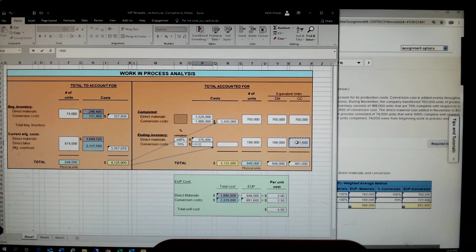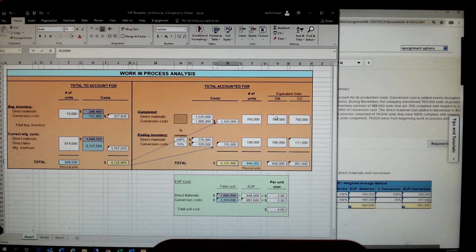So 131,600 times $2.50 is 329. So the total cost of the 188,000 units in ending inventory is 705. Do these add down? And the answer is yes, they do.